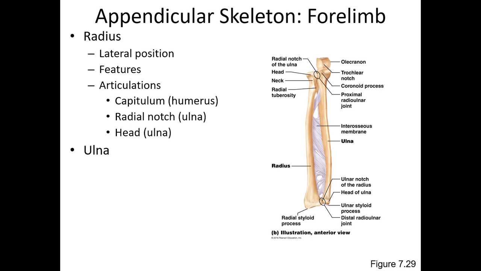There's also a radial notch where the head of the radius articulates. Distally, you have the head of the ulna, which is a small rounded projection, and then a styloid process. So notice there's a styloid process at both distal ends of the radius and the ulna.